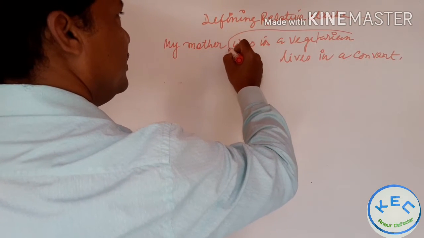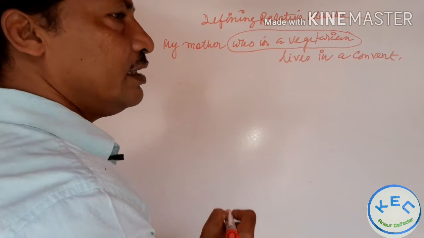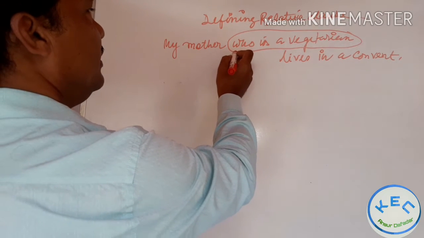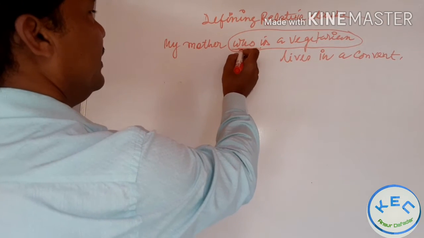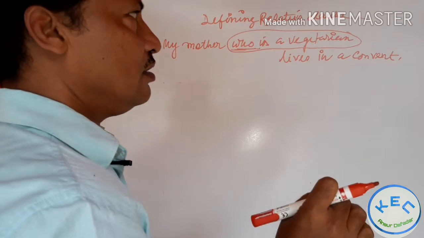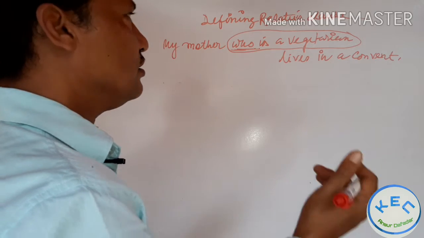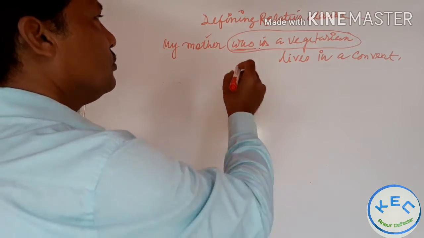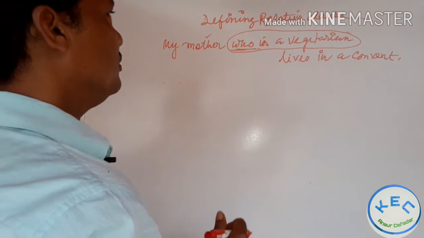This is the defining relative clause, because this relative clause gives a special feature, special characteristics of my mother. So this is a defining relative clause.